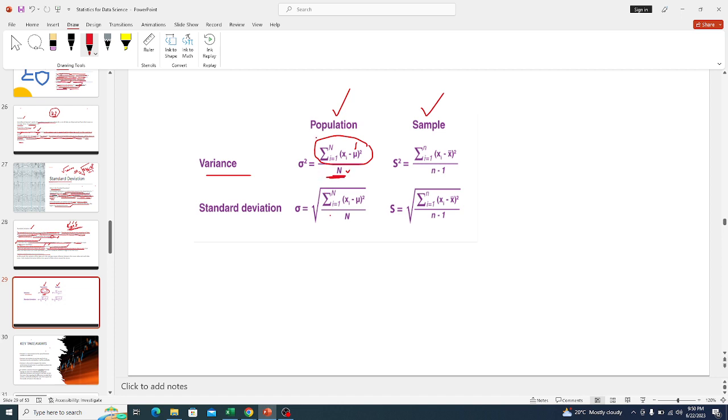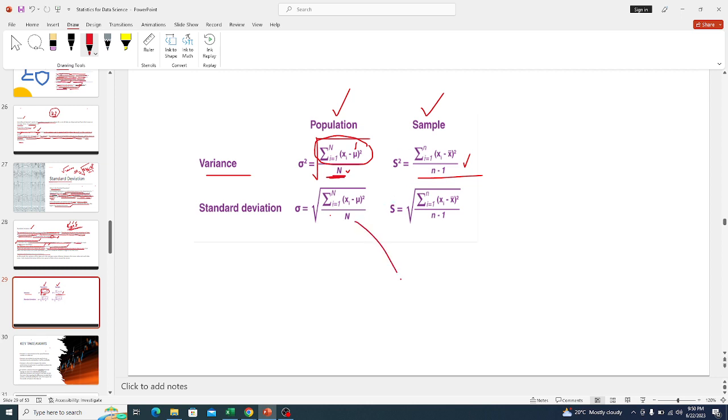Standard deviation is the square root of the above. For sample data, which I had already illustrated, the standard deviation will be the square root of the sample variance.